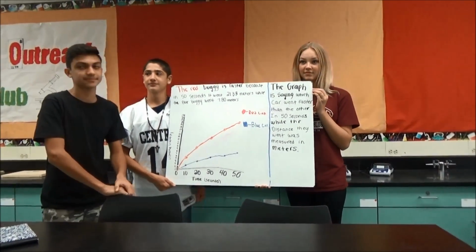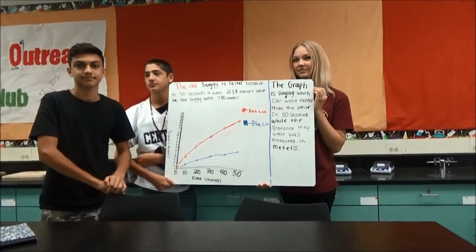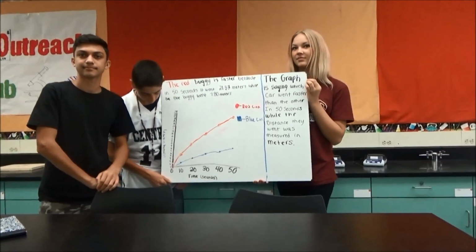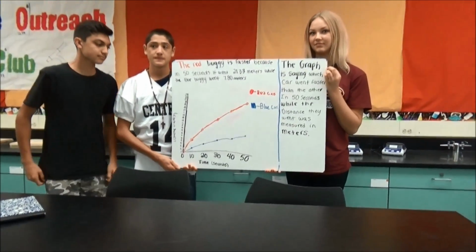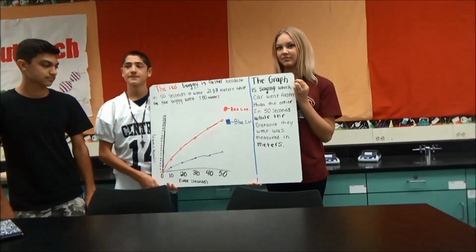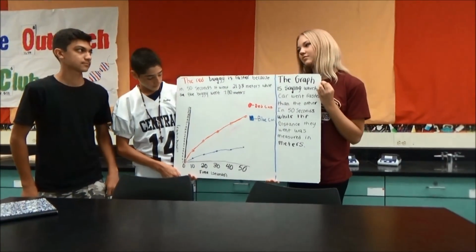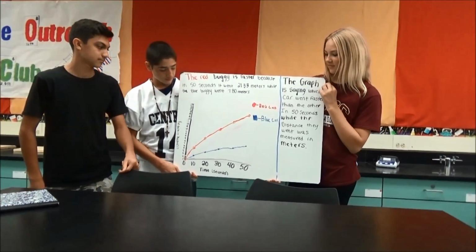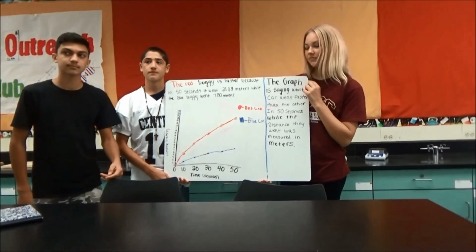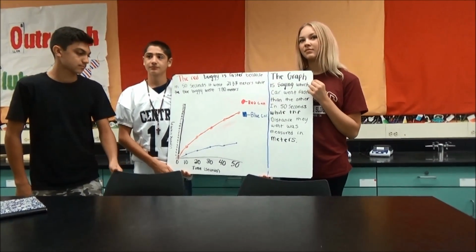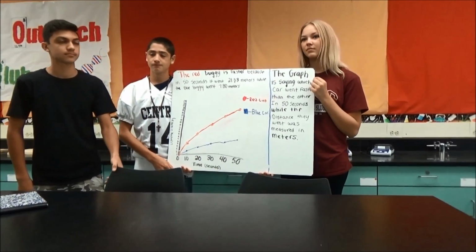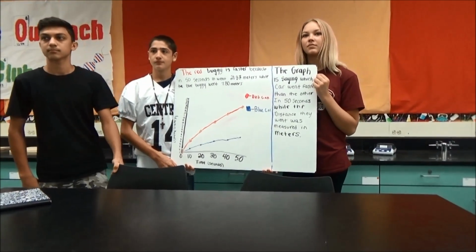Okay, so I have a question, and this is not one that's a correction or something. I just have an observation question. What do we notice about the shape of those lines of those two cars? They're fairly straight, right? What was one of the observations that we made about the car when it came to its speed? It stayed fairly constant, right?